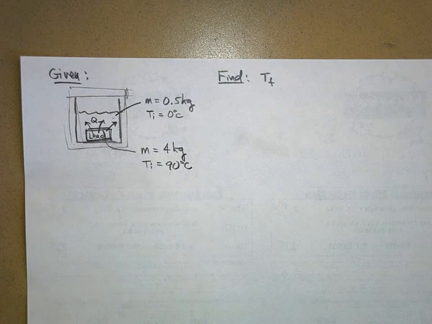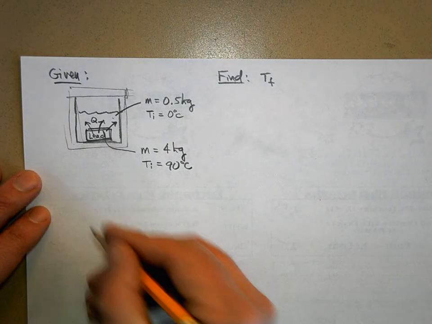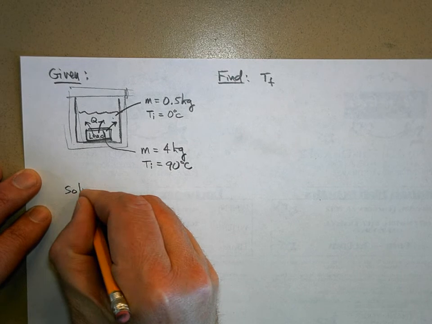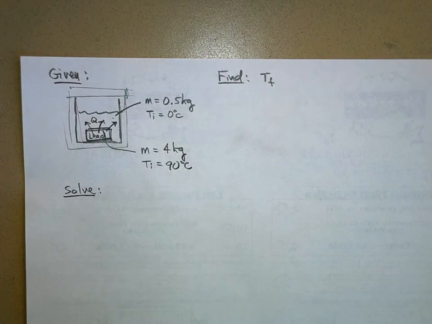That's what I'm going to solve. Well, because this is isolated from the universe, the amount of thermal energy in this system is going to remain constant. So the lead is going to lose that.